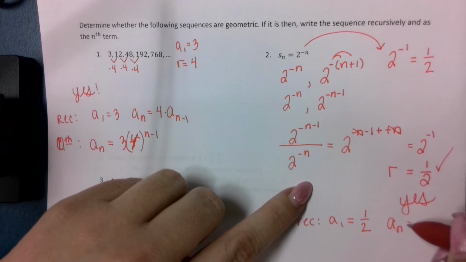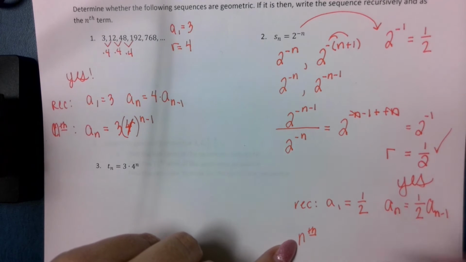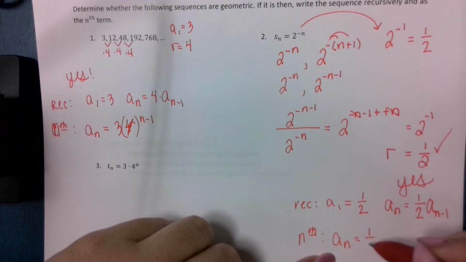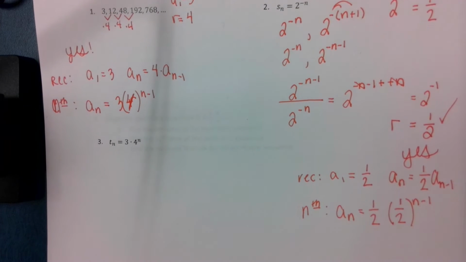So then a sub n is equal to r times the term before it. Now our nth term formula would say a sub n is equal to a sub 1, which is 1/2, times r, which just happens to also be 1/2, to the n minus 1. So this is our explicit, or nth term, formula.